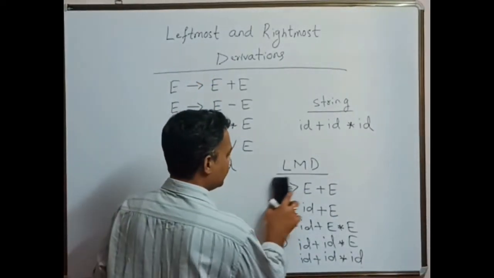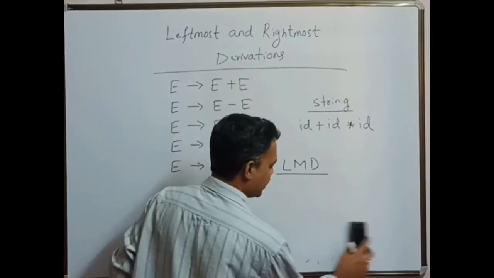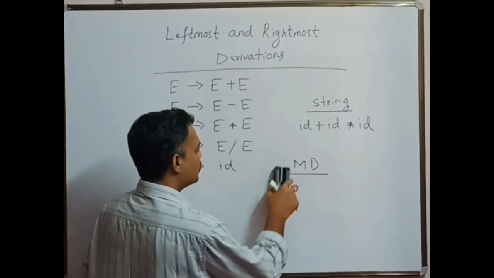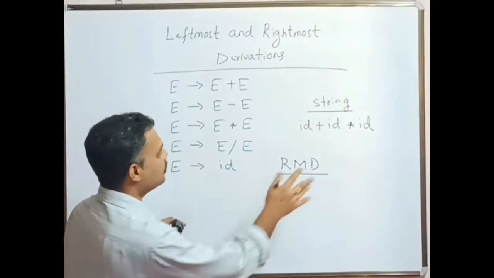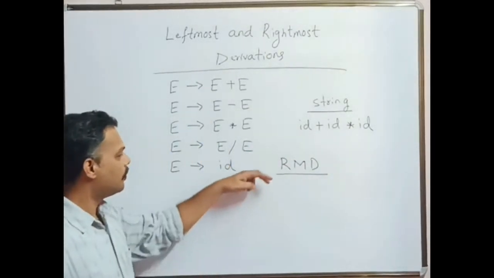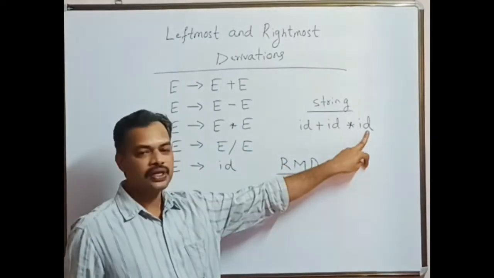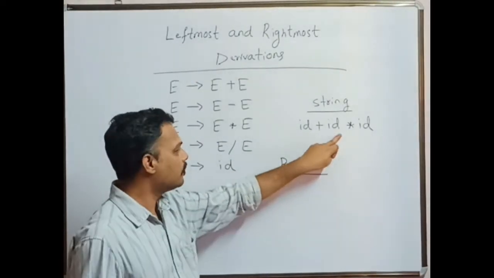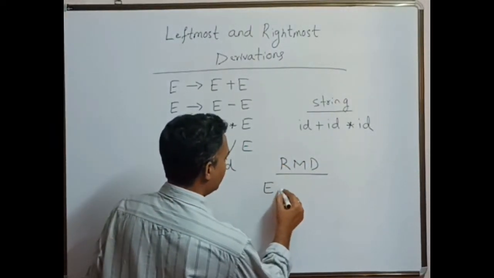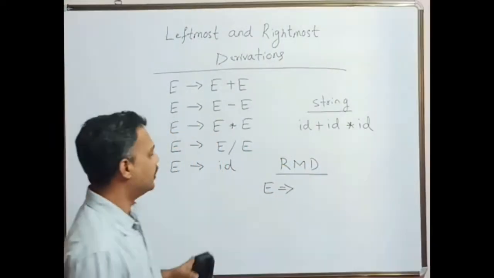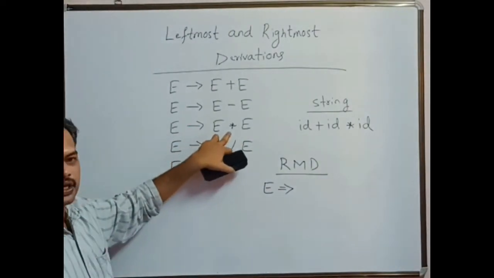Now let us look into rightmost derivation as well. So this will be RMD. Okay. Now whenever we go for rightmost derivation, we have to start from the rightmost string. So here what we have is multiplication. So E derives, let us choose this.